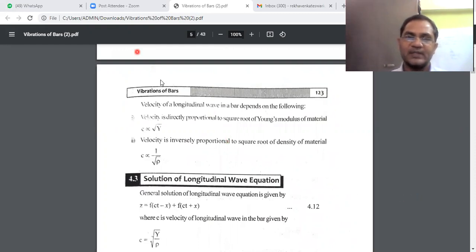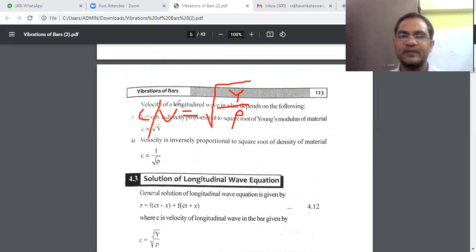Before that, first let us write the speed of longitudinal wave in bars or rods: v equal to root of Y by rho, or otherwise c equal to root of Y by rho, where Y stands for Young's modulus and rho is the density of the material of the rod.